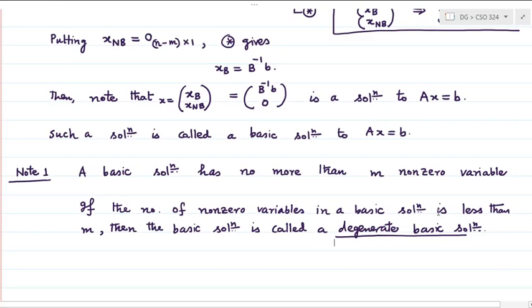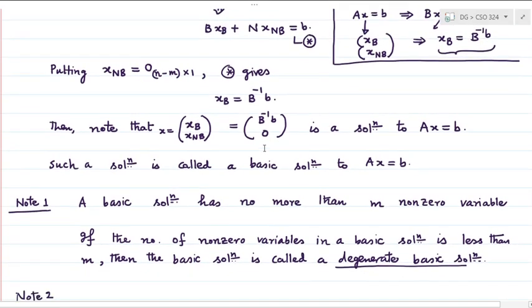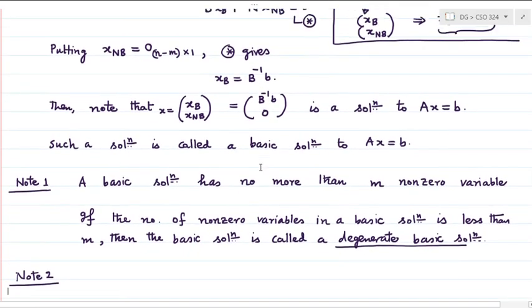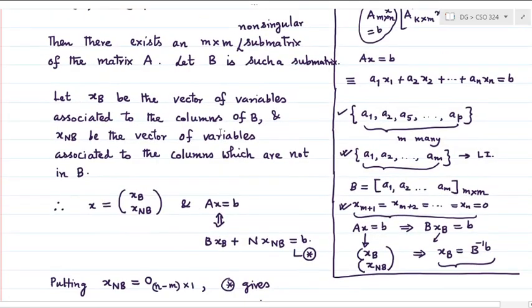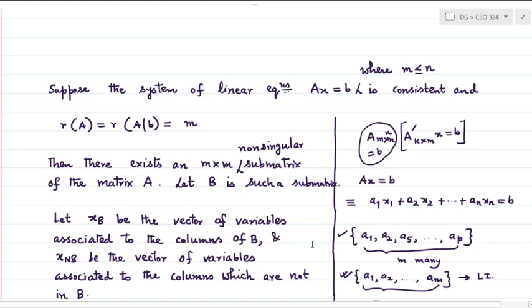Fine. And so a degenerate solution is a solution if any of the basic variables is equal to 0. Fine. And here let me ask you a question: what is the maximum number of basic solutions? Here we have a basic solution corresponding to a chosen capital B. Now what can be the maximum number of basic solutions?